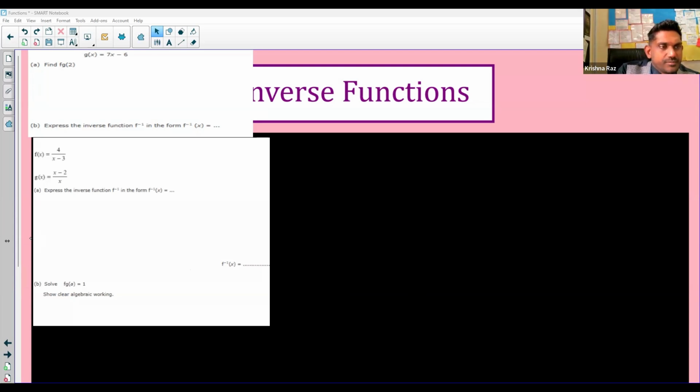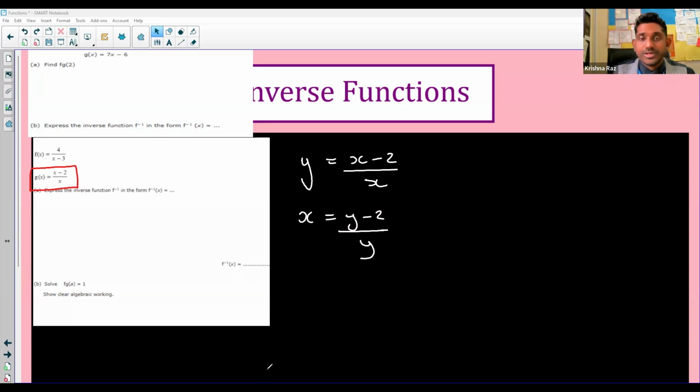For the same question, it doesn't ask us to, but if we made g the subject, this just puts pressure on our rearranging skills. So we're going to write y equals x minus 2 over x. Then we need to swap x and y around. Now we need to make y the subject. So I'm going to multiply the y up.